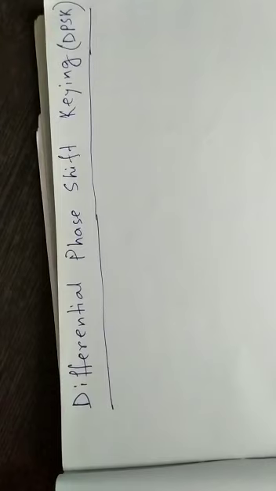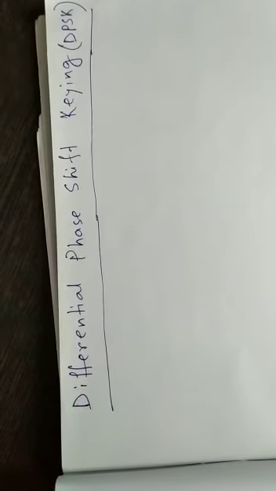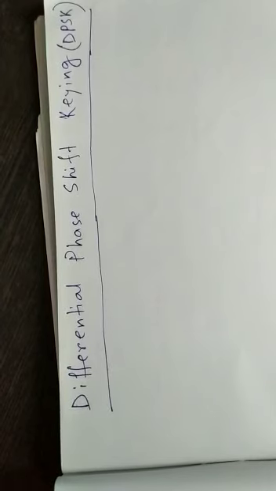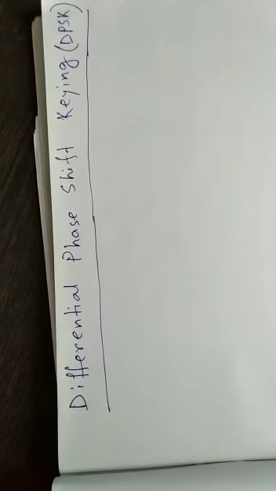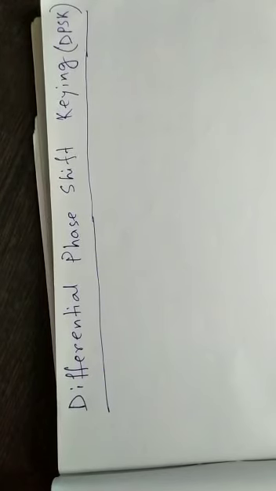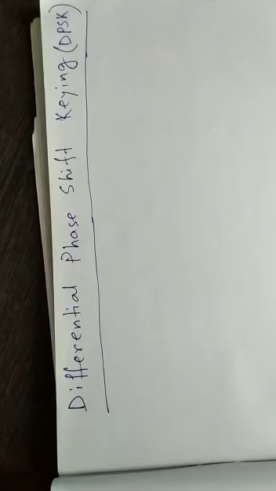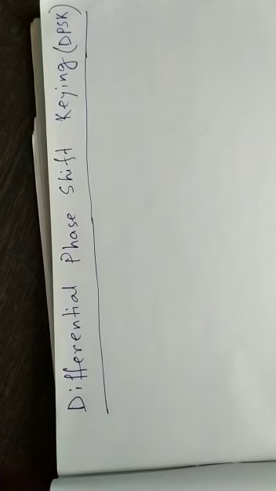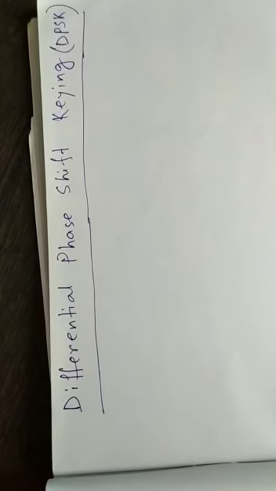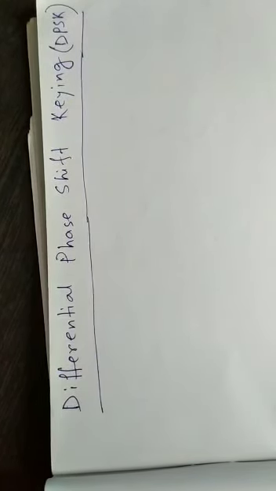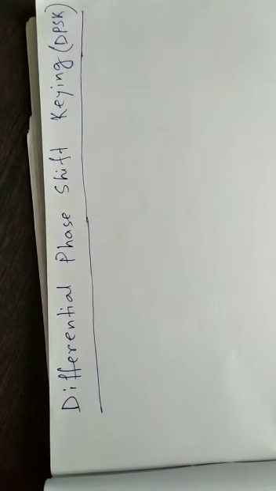Now during my lecture on phase shift keying, you have seen that the demodulation process of phase shift keying is coherent. That means at the receiver end you have to generate the carrier having same frequency and phase as the transmitter carrier to decode the data.